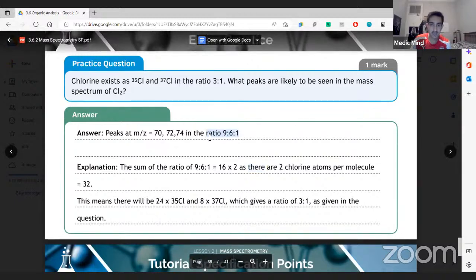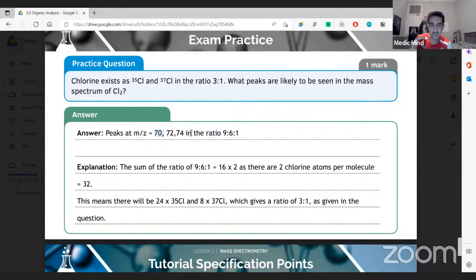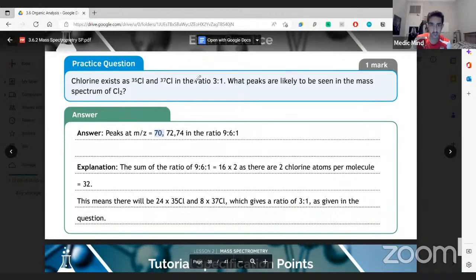Basically, it's a peak at 70, which is for the 2 35s, a peak at 72, which is a 35 and a 37, and then a peak at 74, which is 2 37s. That makes sense. So those are your 3 peaks there.